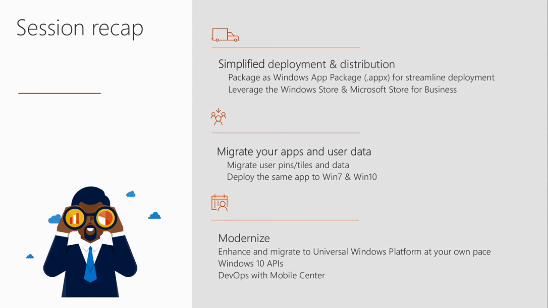We also learned how we can take our current solution and migrate all the state, including the pins and the tiles, to our modern application, then distribute the same solution to Windows 7 and to our Windows 10 users. Then we covered how you can modernize your solution, how easy it is to take the existing Windows 10 features that we are building and integrate them in our application.